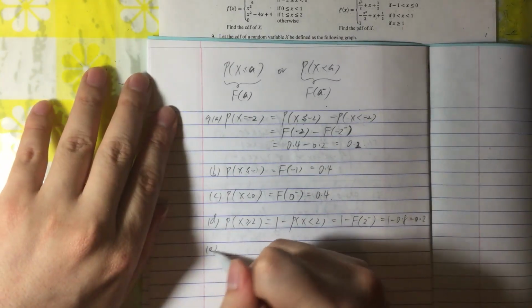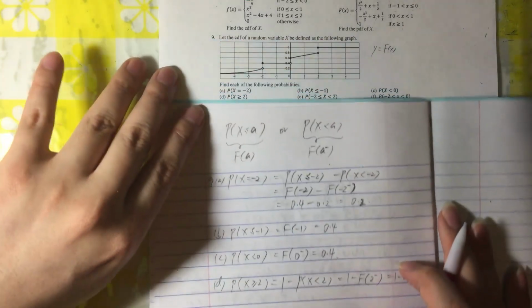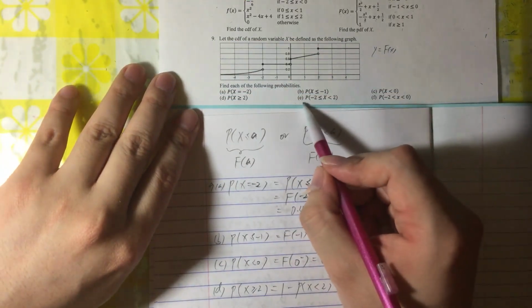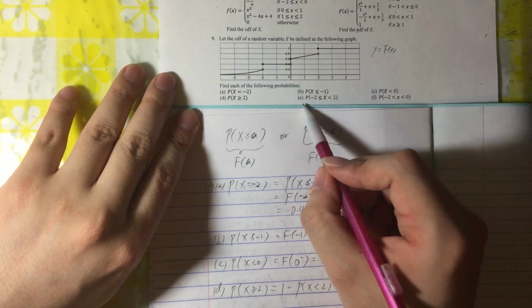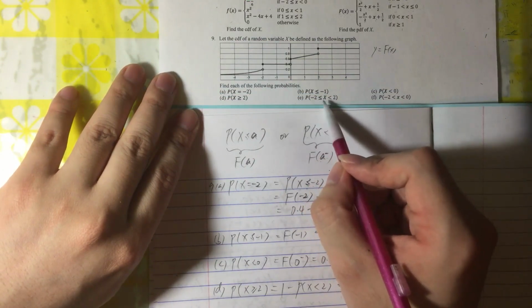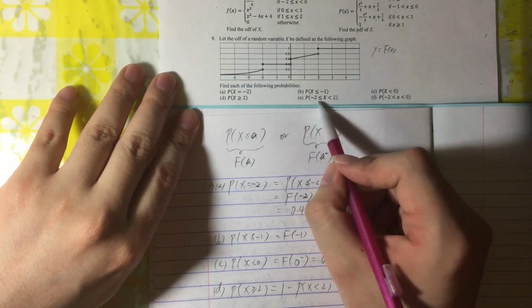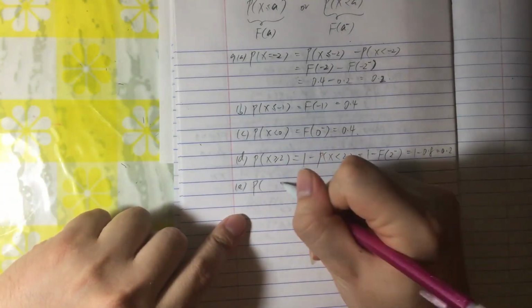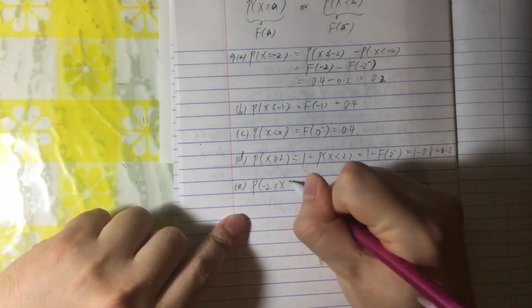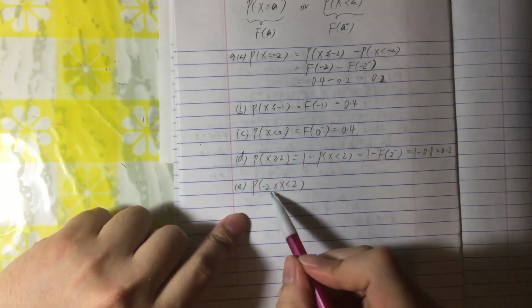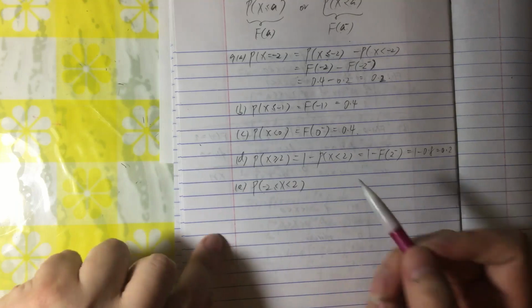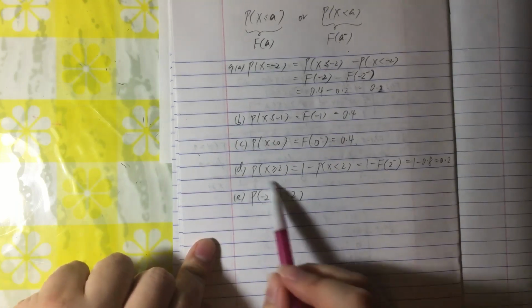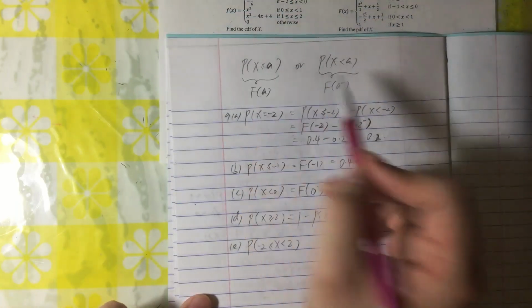Part E. Find the probability that x is between -2 and 2, including -2, but not 2. So, how do we write this probability in this form?